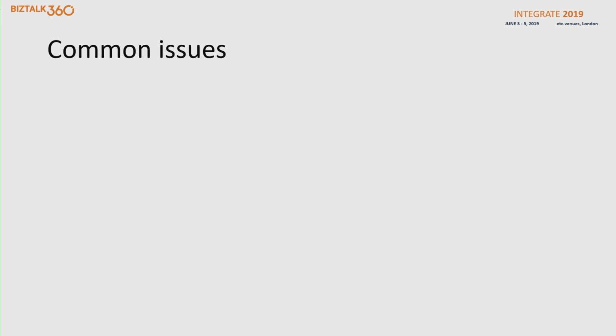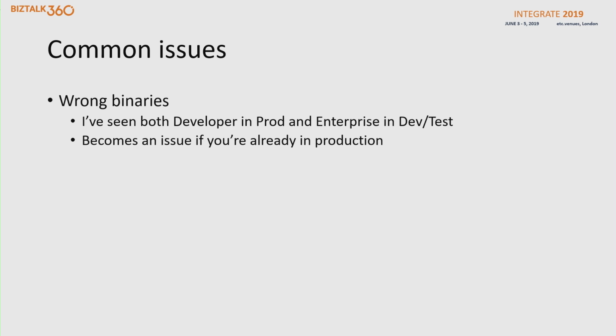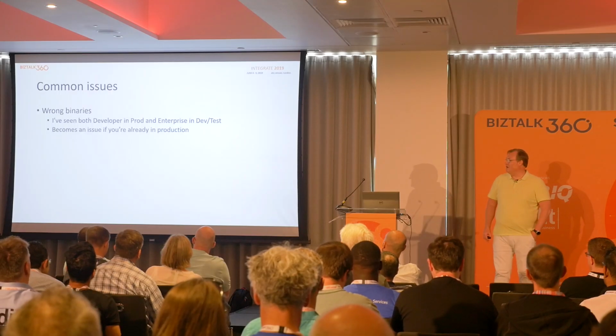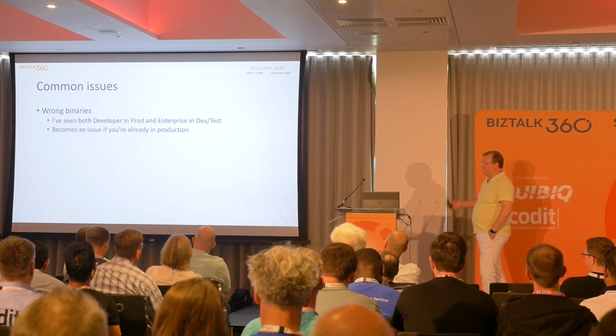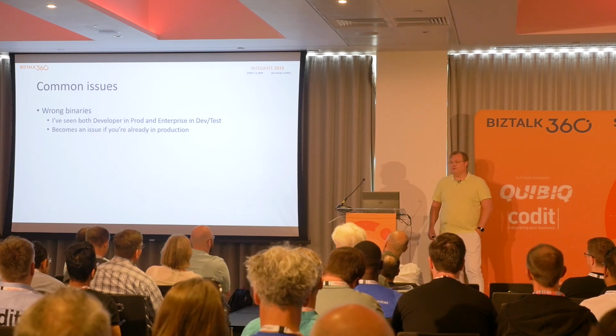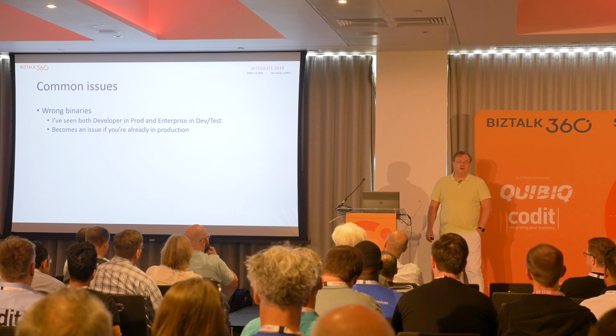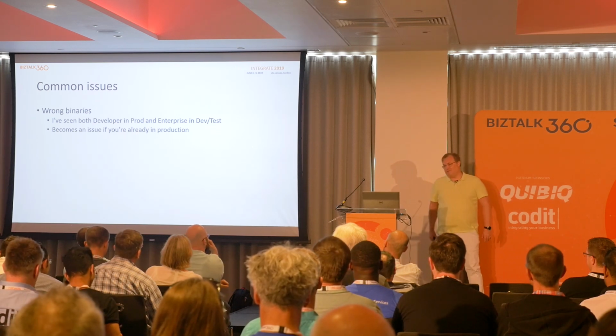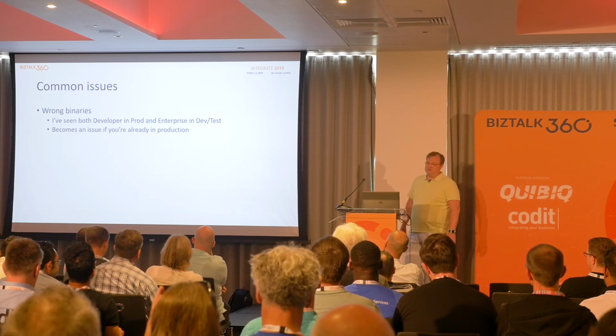Common issues I have run into. Wrong binaries. Anyone install wrong binaries? Yeah, some, yeah. It happens. Enterprise edition on a dev environment, a test environment could be expensive. That's not the big issue. You could sort of redo that whenever you want.